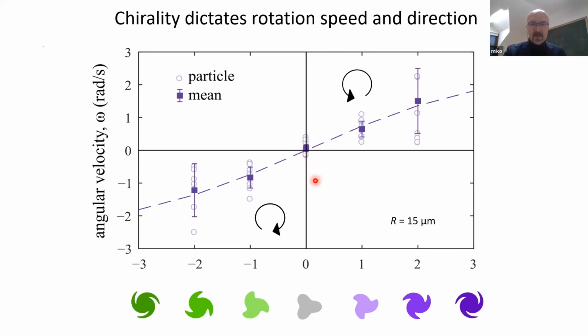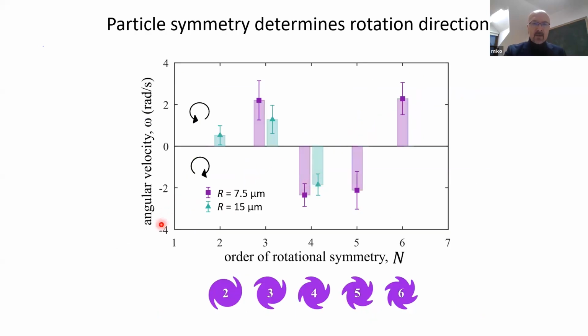However, what is more surprising is the dependence of the angular velocity upon the order of rotational symmetry n. What is important here is this feature: reversal of the motion by changing this parameter n, let's say from 3 to 4. This is very interesting. You keep all conditions constant, but you just change the rotational symmetry n from 3 to 4, and then for 5 it again exhibits an unusual sense of rotation, and again a reversal.